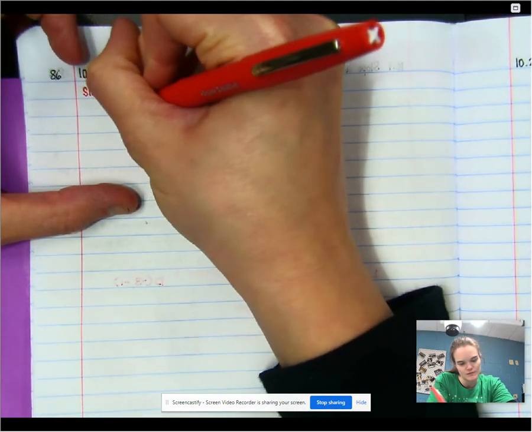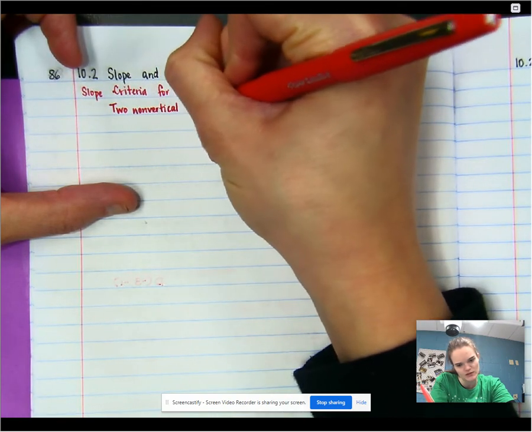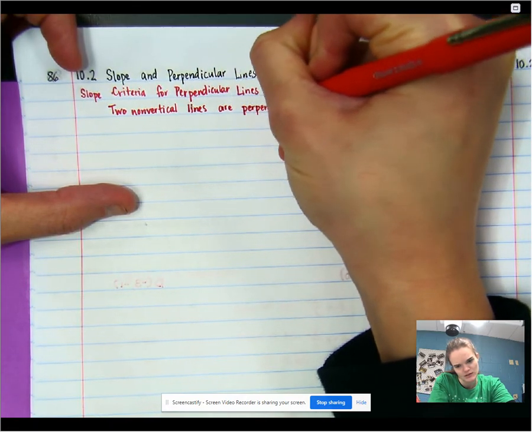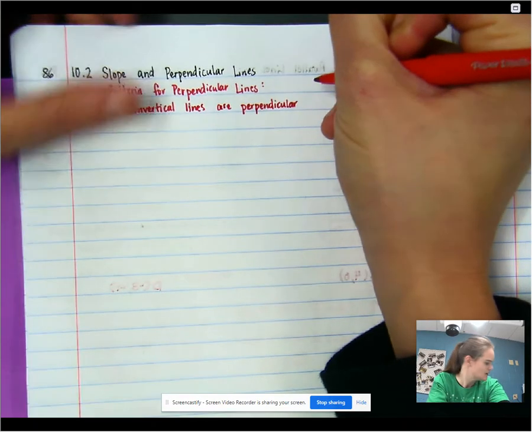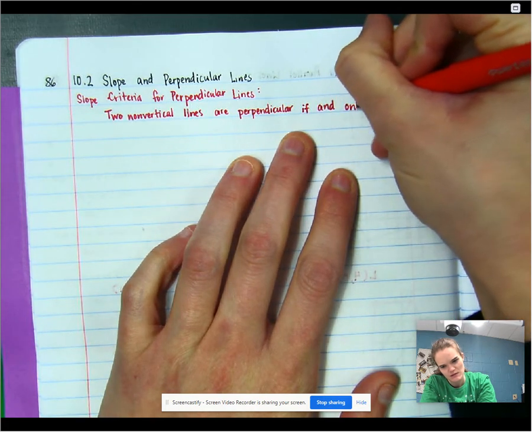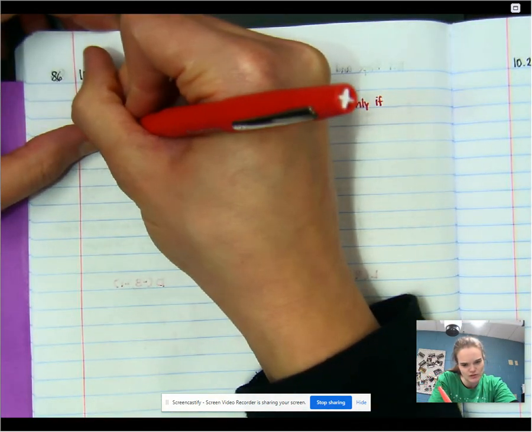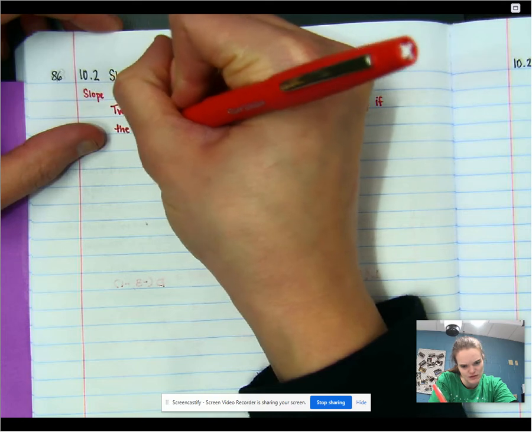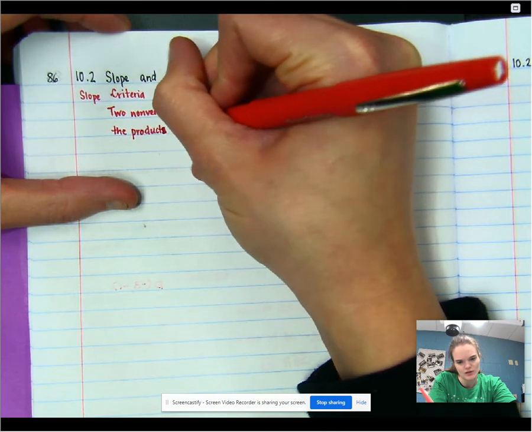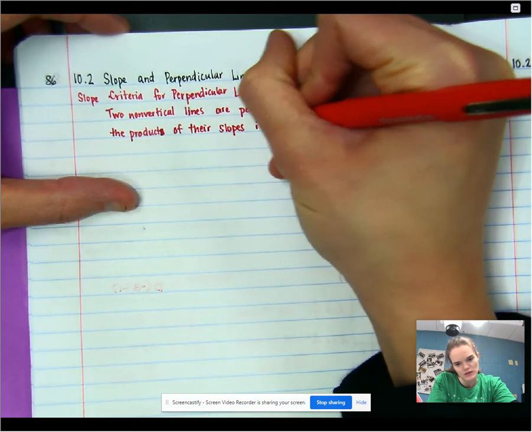Two non-vertical lines are perpendicular if and only if the product of their slopes, meaning when you multiply them together, is -1.